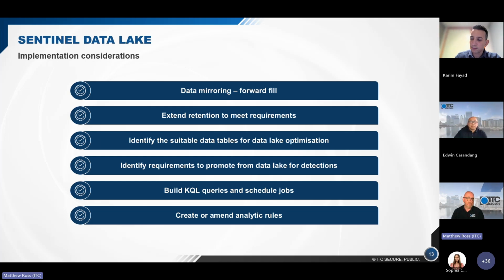That should be done before you move the table into the data lake tier. Then build those KQL queries, and you can build the queries prior to moving the table solely into the data lake, because you've got the data mirrored.